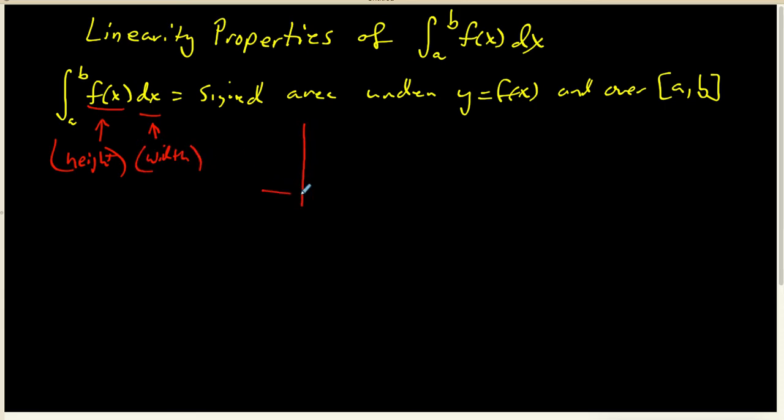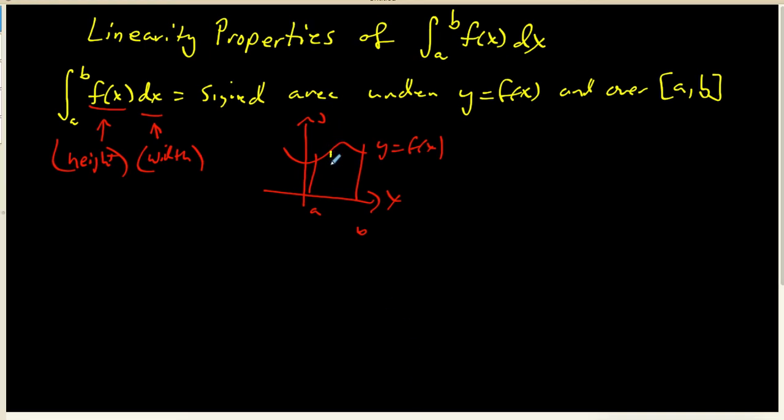Just a real quick picture: if I've got an xy coordinate plane like this, and this is y is equal to f of x, and there's a and there is b, the height of this particular area, no matter where I draw the line, is always going to be f of x, and this dx is indicating that the width is in the x direction.